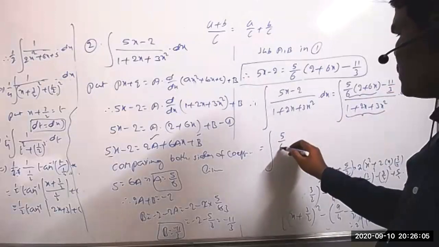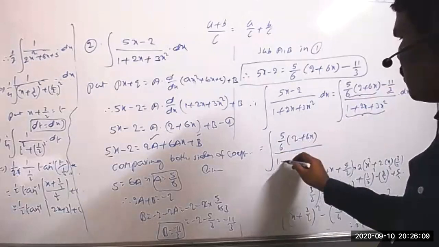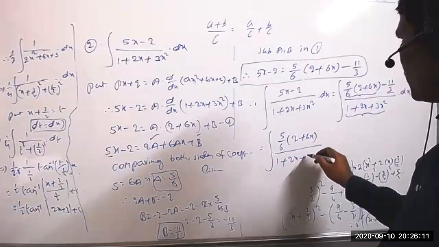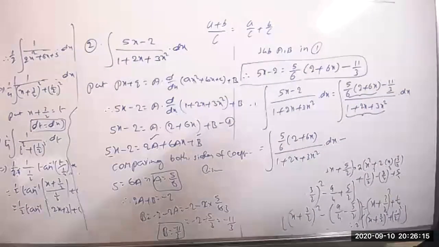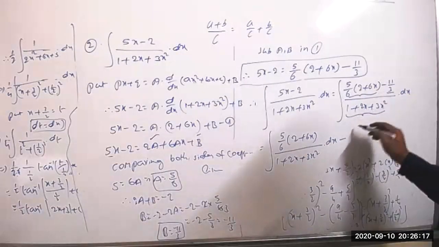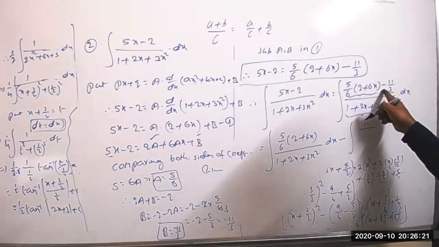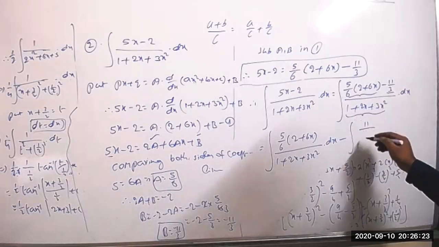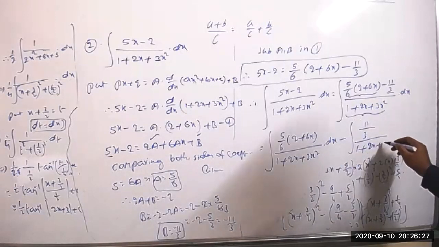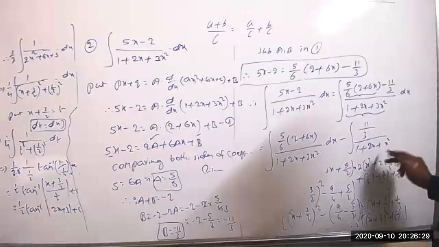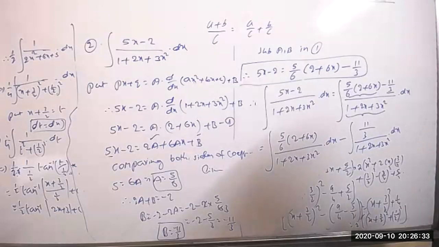So 5 by 6 into (2 plus 6x) whole by (1 plus 2x plus 3x square) into dx, one thing, minus. And the second term, integration of 11 by 3 whole by (1 plus 2x plus 3x square) into dx. The minus is there actually, that's why I'm taking the minus. Now, clear up to this step?